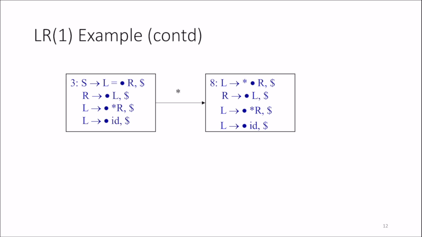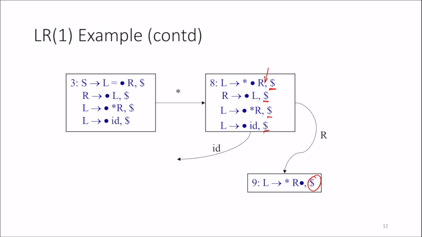And again, the look ahead is just inherited, right, when I do this. And the reason is because there's nothing here after the R, like we've seen before. When I transition on the R, I get L goes to star R. And this L goes to star R is only in the context of the end of input symbol.